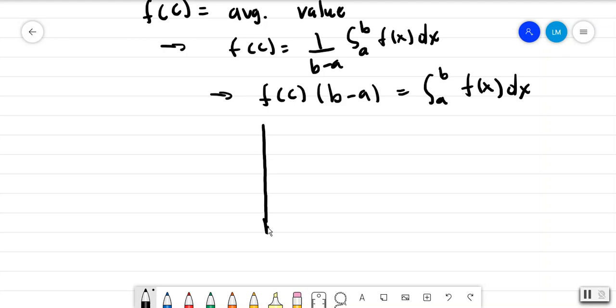So essentially this is like saying that if we were to look at a region from a to b, and we were just going to integrate from here to here, that's going to be our region beneath the curve.